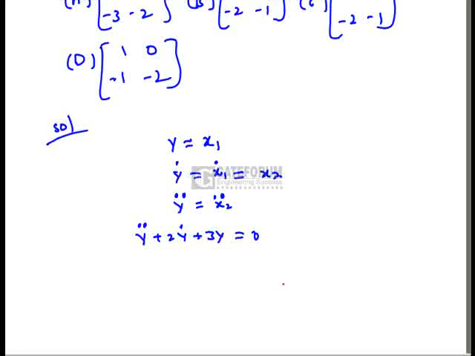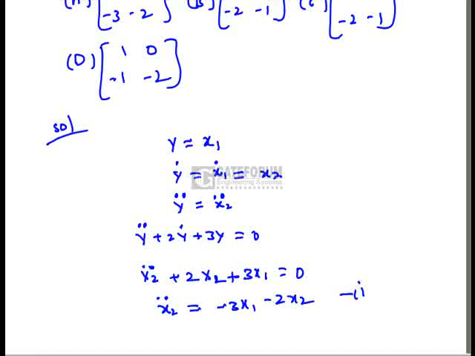Substituting, we get x2 dot plus 2x2 plus 3x1 equal to 0, since y dot equals x2. So from this, x2 dot equals minus 3x1 minus 2x2. This is our equation number 1.